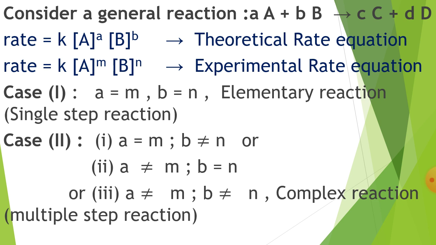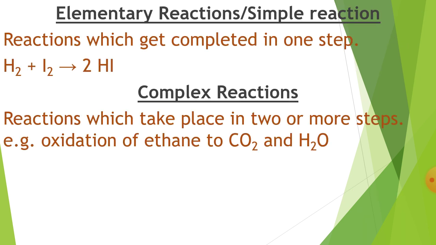So like this you can also differentiate between elementary reactions and complex reactions. Now elementary reactions are simple reactions. Reactions which get completed in one step are known as elementary reactions. Here one example is given: H2 + I2 gives 2HI.